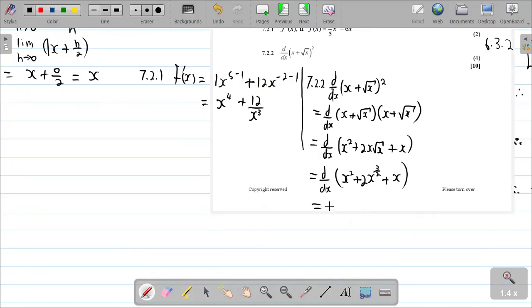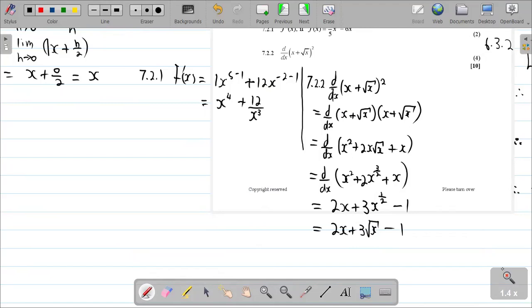So this is going to be equal to 2x plus 3. So you multiply here, we get 3, then x to the power half, and then plus 1. So it's the same as 2x plus 3 square root of x minus 1. Okay, so that's it for question 7.